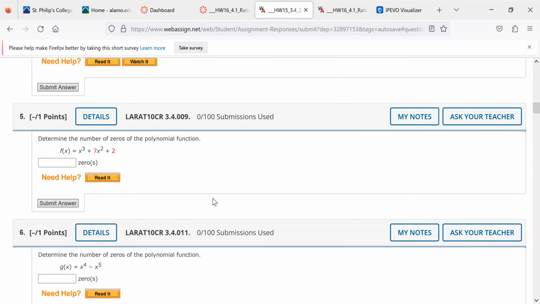So number 5, they're basically saying, find the zeros using synthetic division. Now, there's a way to find all the possible zeros. So what you do is you take the constant term and the leading coefficient, and you find every possible number, divide them, and create a list of possible zeros.